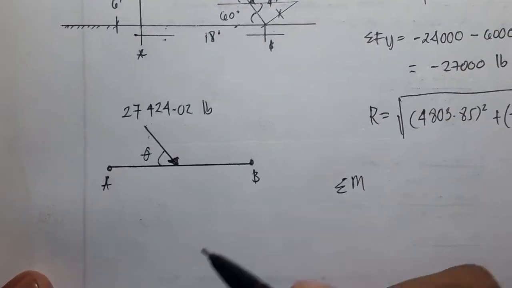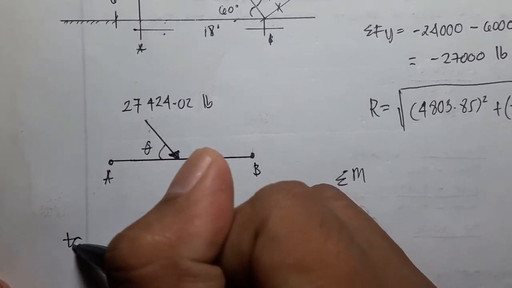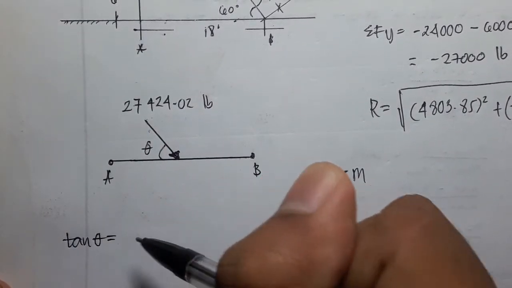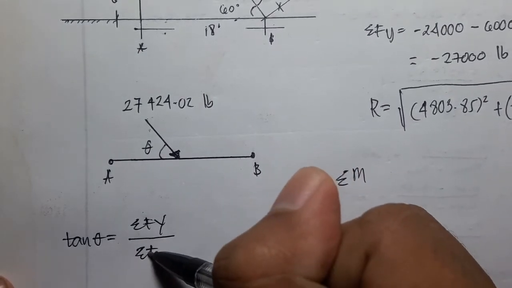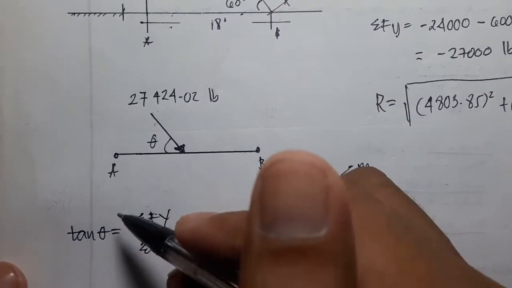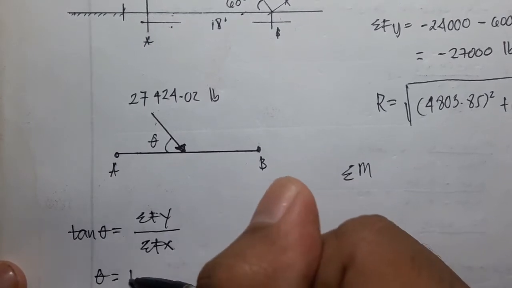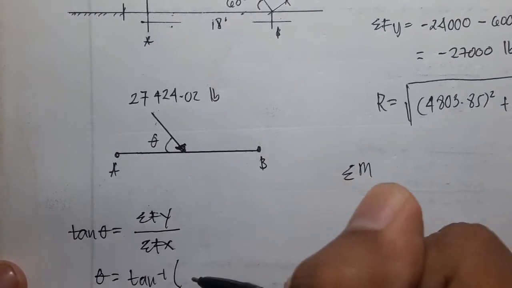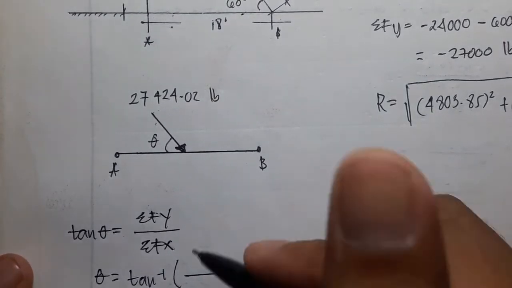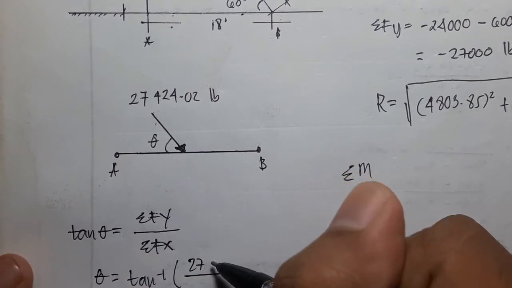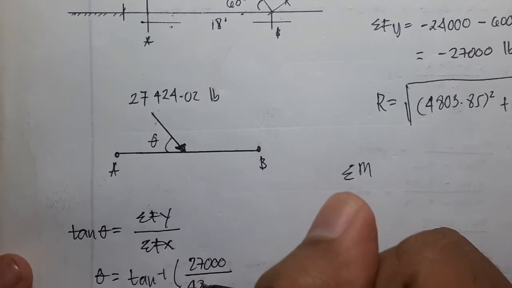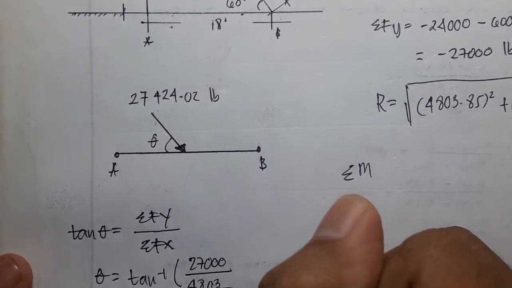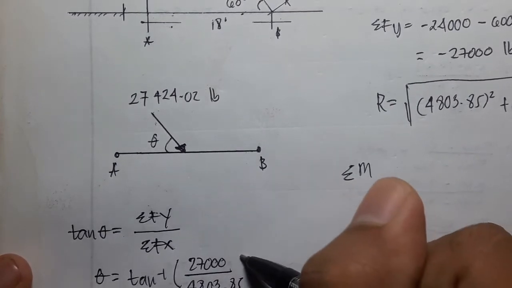Theta is equal to the summation of forces y over the summation of forces x, so 27,000 over 4803.85.